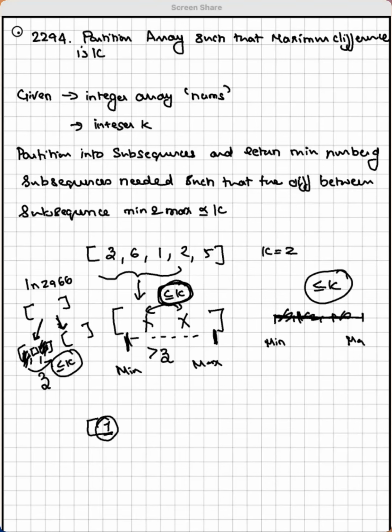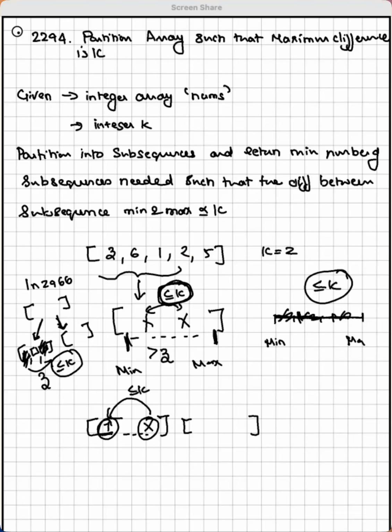We make sure that for any number we add here, the difference between that and the minimum satisfies this condition. Once we have scanned the whole list, we know that there is no other element with a difference less than or equal to k. Then we can look at the next smallest element that is remaining in this list.